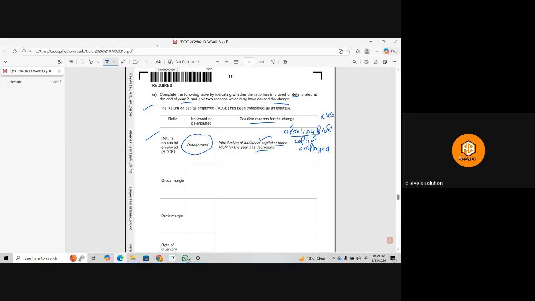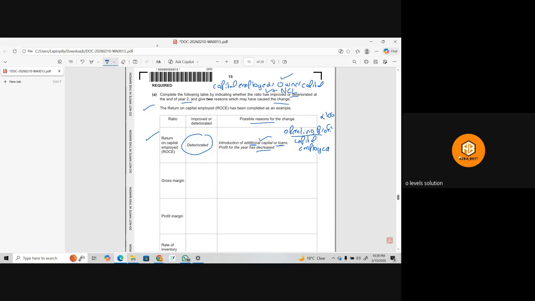Why? Because we know that capital employed is equal to owner's capital plus non-current liabilities. So if you invest more money or take more non-current liabilities, the denominator will become bigger.